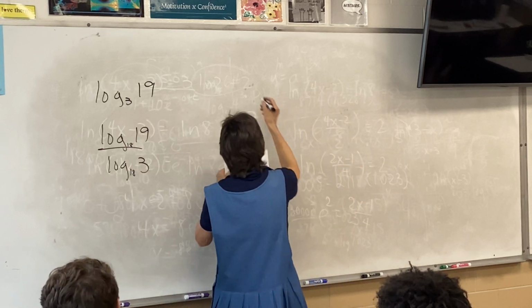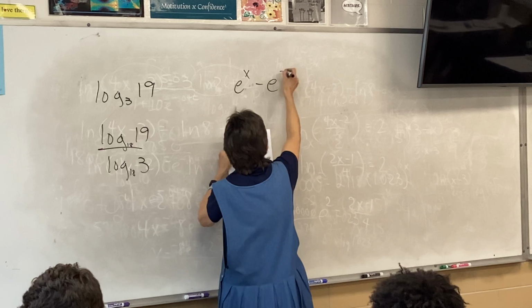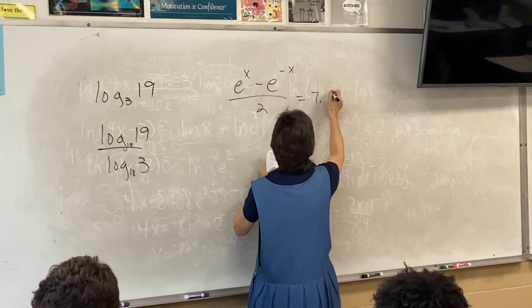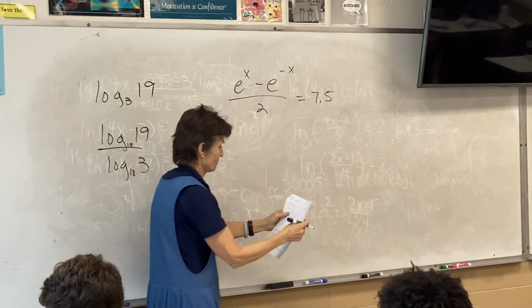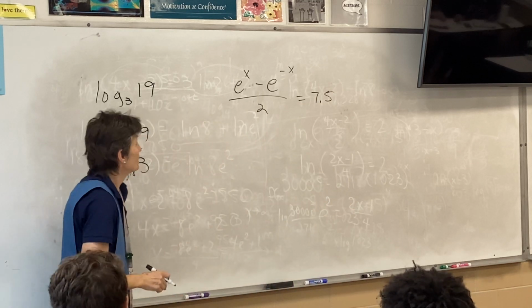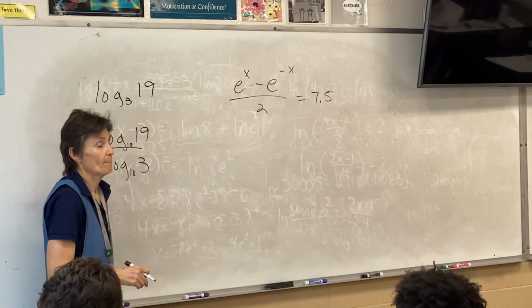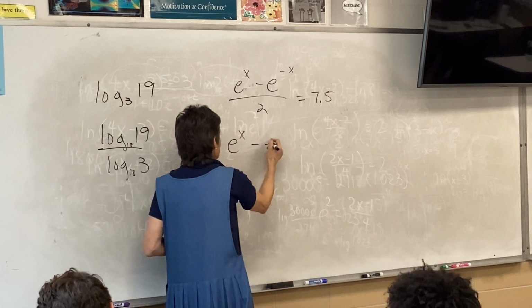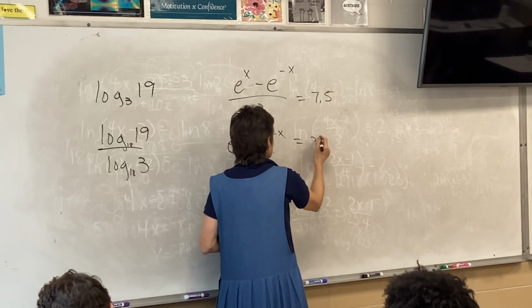So here we go. e to the x minus e to the negative x over 2 equals 7.5. All right, so what's our first step? Multiply by 2. We want to get rid of that fraction. So e to the x minus e to the negative x equals 15.